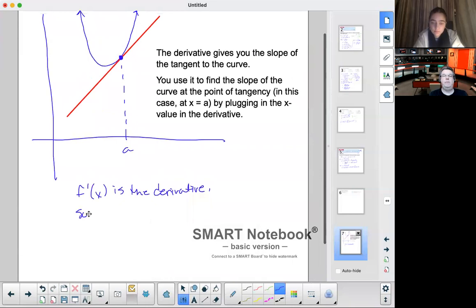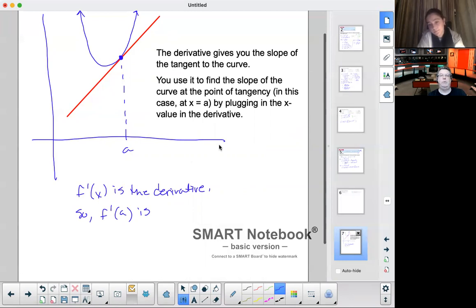So f prime of a means I'm plugging the value a into the derivative and evaluating it. I only used a to generalize it. This is for every value of x, or any possible derivative.